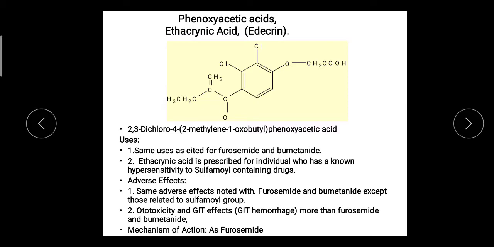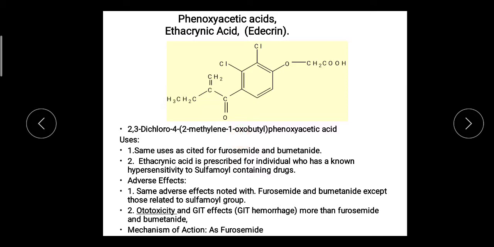The first substitution is 2-methylene. This is carbon number 2 in butyl, and the methylene group is attached by a double bond, so it is ENE, 2-methylene. And on the first carbon of butyl there is an oxo group, so 1-oxo is written.